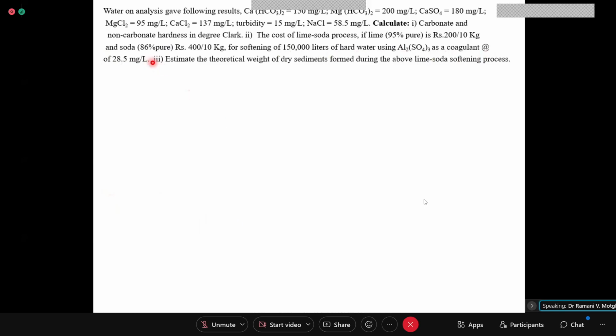Now the third part is new for you, and it is the most complicated or lengthy part of the numerical, and definitely will have some 2 to 3 marks weightage. Estimate the theoretical weight of dry sediments formed during the above lime soda softening process.